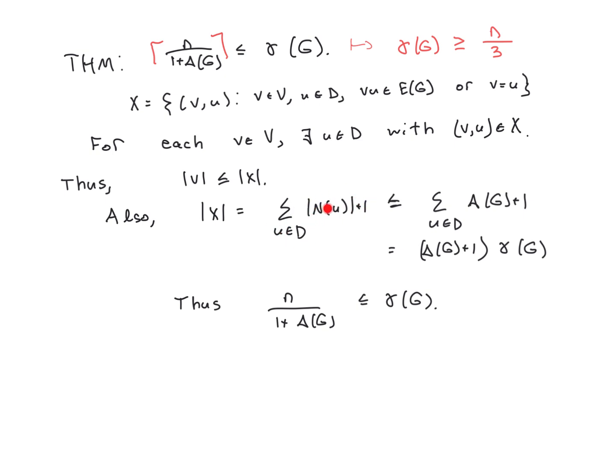Now we can bound this from above because the size of a neighborhood is always at most the maximum degree of the graph. And so now we're summing up this constant a certain number of times, so this summation could be replaced with multiplication. So we added up this number gamma of G times, so this is what we actually have. And now we see that n is at most this number, so we just divide.